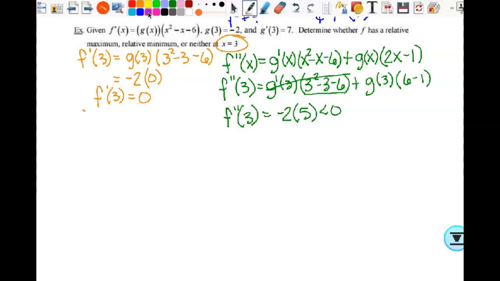If the double prime is less than 0, what do we know about f? What does this tell me? Concave what? Down. Concave down. And then that tells me I have a horizontal tangent line. So what do we have here? Max. All right, write out your explanation.